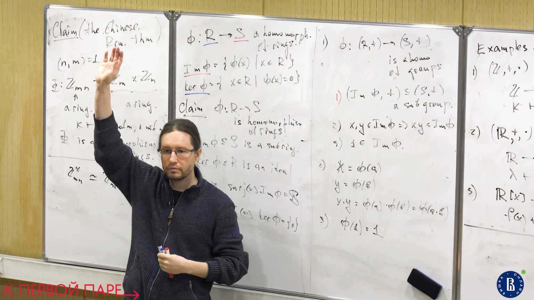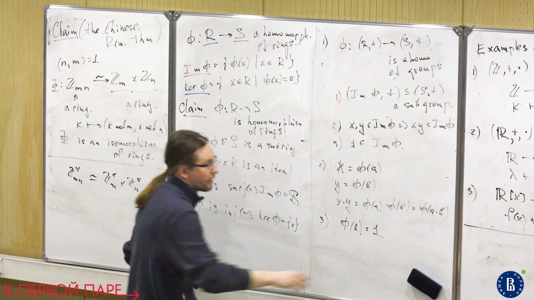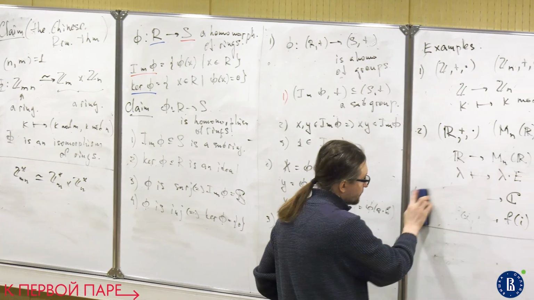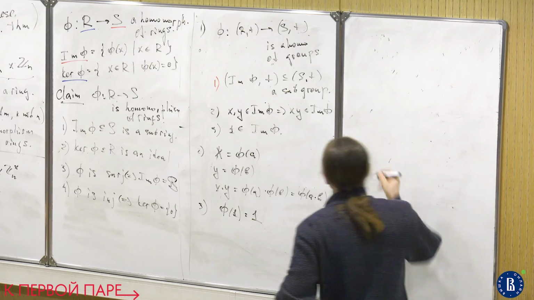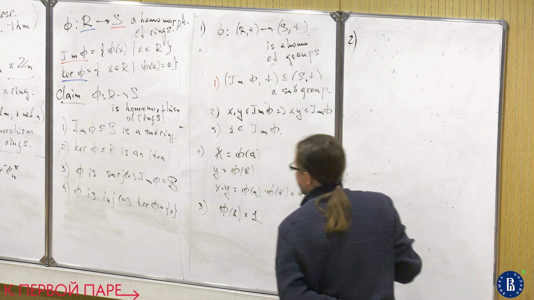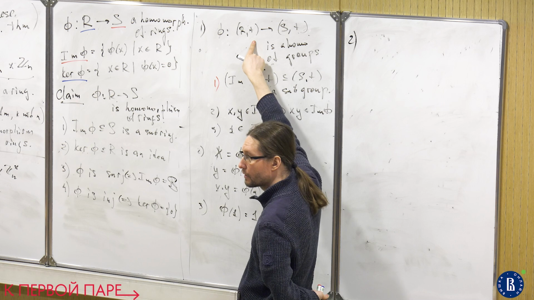Who was able to follow? Okay, are there any questions? Good. Now, let's check that the kernel is an ideal. Number 2. So, again, we forget about multiplication.